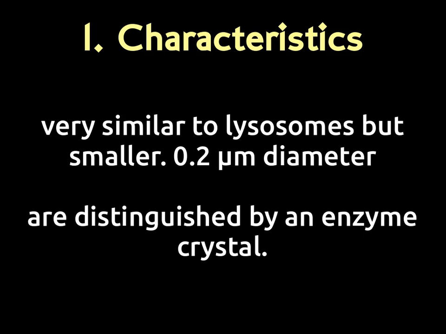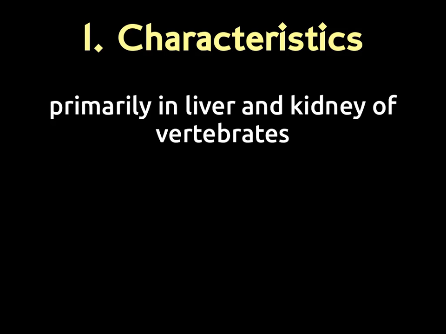Now, these don't tend to be everywhere or really abundant everywhere. Most cells have a few peroxisomes in them, although some cells tend to have many, many more. They tend to be closely associated with places where we have a lot of high metabolic activity, which we'll come back to in a little while.